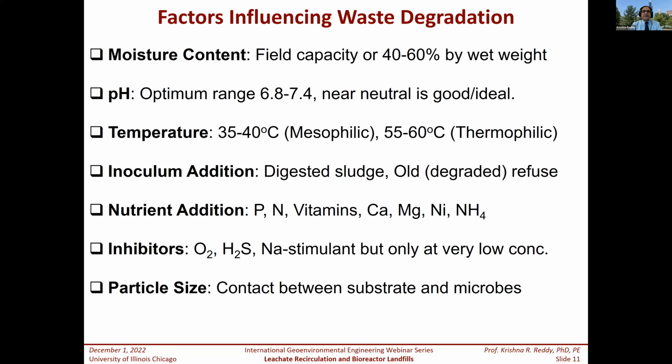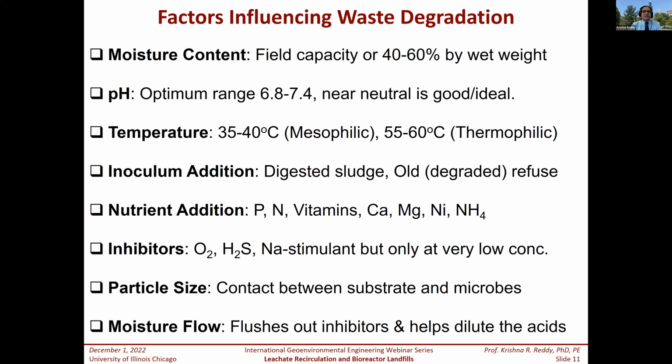So the organics that you have in the waste and the microbes should have good contact. And then the moisture flows. When moisture gets distributed, you're flushing out all the inhibitors that could be present, or it could be acids. You're making sure that they are diluted to be favorable for microbial degradation to happen.